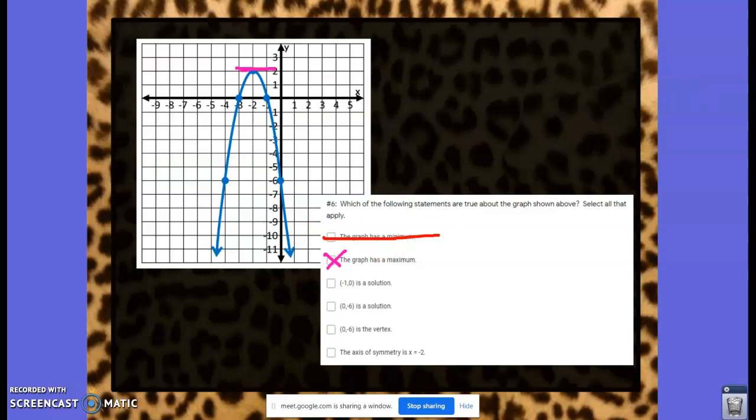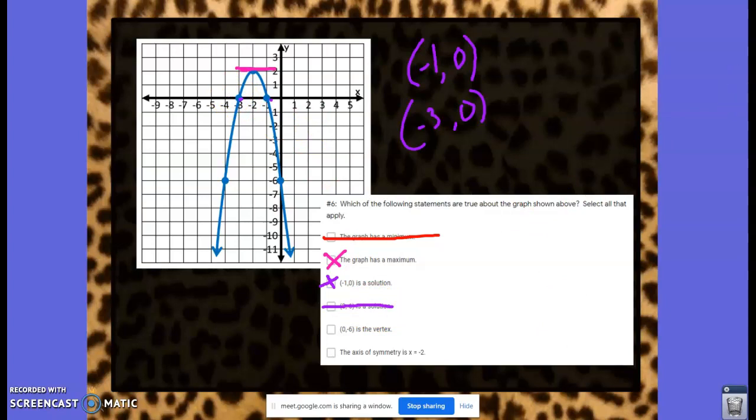Then we want to look at our solutions. So what are these 2 points on the x-axis? We have -1, 0, and -3, 0. Remember that if you're on the x-axis, the y value has to be 0. So this is a solution, and this is not because it's written incorrectly. And a solution is where you cross the x-axis, not the y-axis.